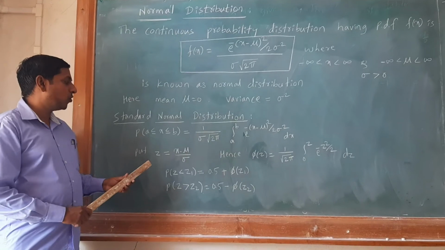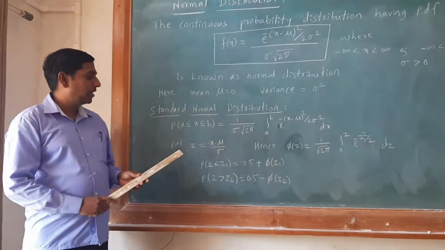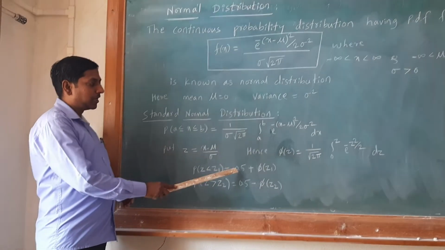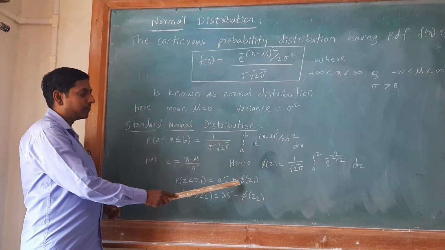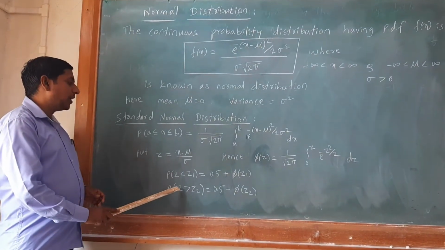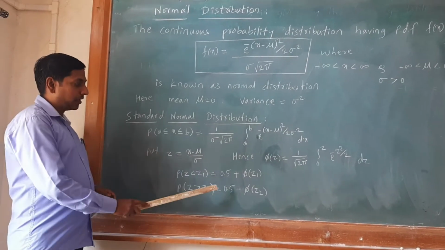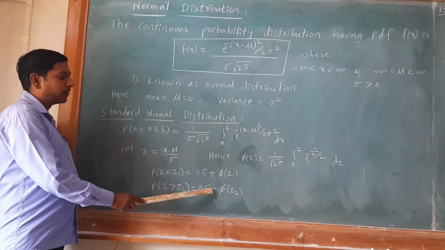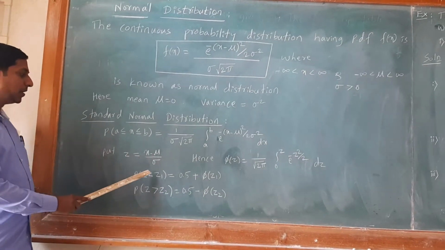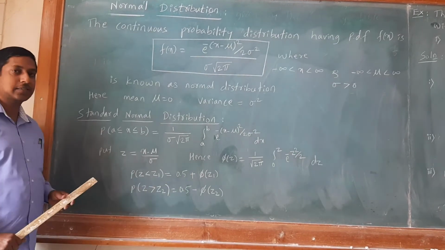And one more point we always remember in the normal distribution: if z is less than z1, it is denoted as 0.5 plus phi of z1. And if the probability of z is greater than z2, then it is denoted as 0.5 minus phi of z2. So always remember, if it is less than, plus sign; if it is greater than, minus sign.